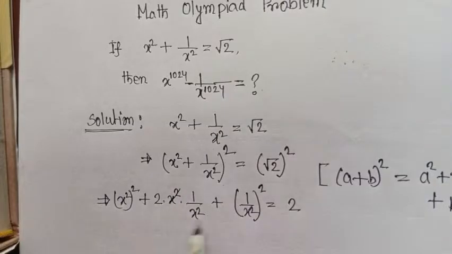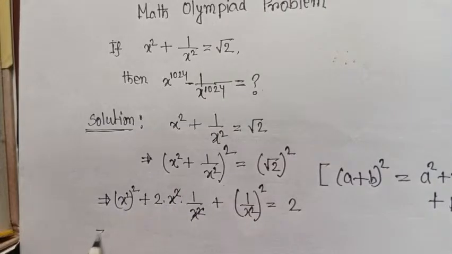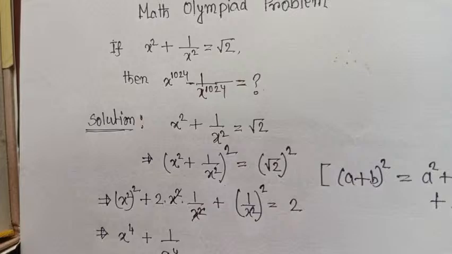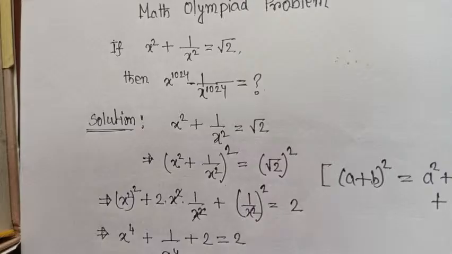Now this x square and x square cancel out and the equation will be x to the power 4 plus 1 by x to the power 4 plus 2 equals 2.